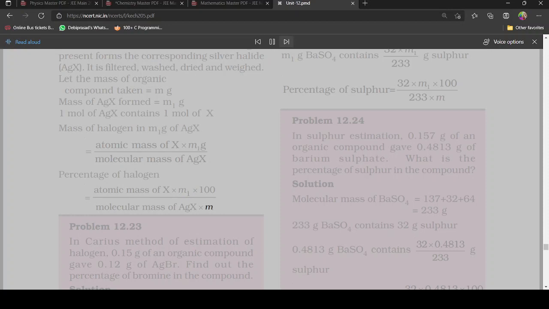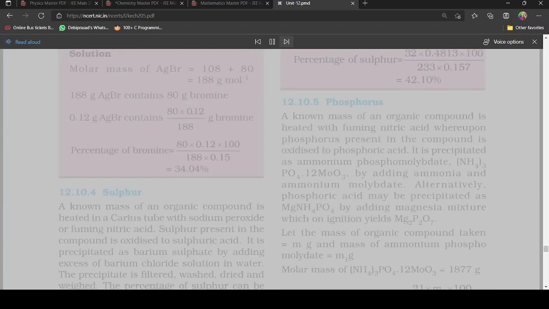Problem 12.23. In Carius method of estimation of halogen, 0.15 g of an organic compound gave 0.12 g of AgBr. Find out the percentage of bromine in the compound. Solution.